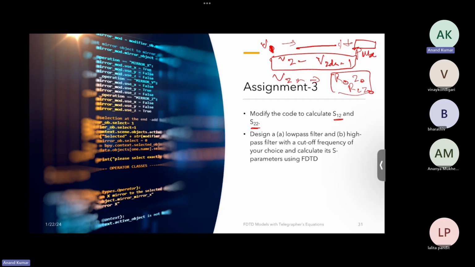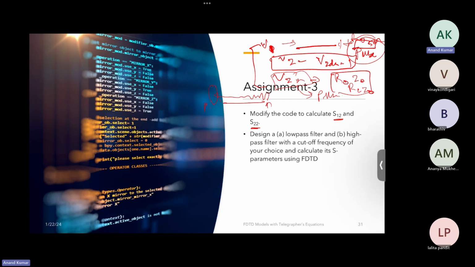Now, what you need to do is modify this so that this gets terminated with some load R0, which could be 50 ohm. Modify the VZ statement so that it has a pulse, and then run the code. What will happen in this case is that you will have excitation at port 2. Your excitation will travel to port 1.